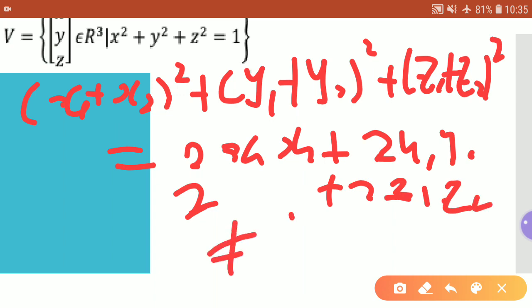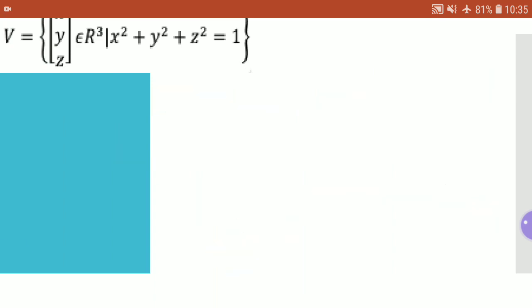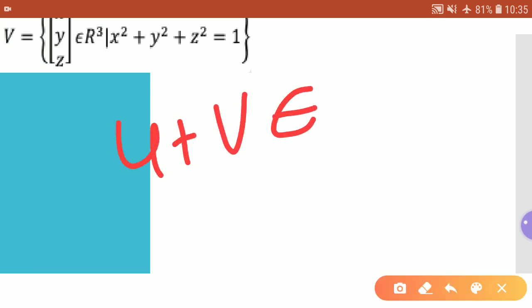Clearly this is not equal to 1, and as this is not equal to 1, we can claim that u + v does not belong to V. This means this set is not closed.